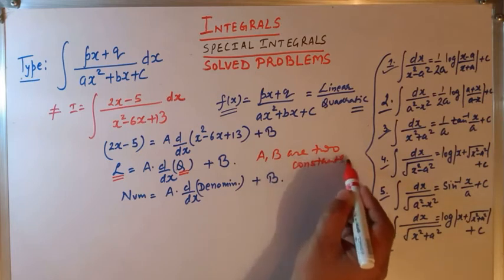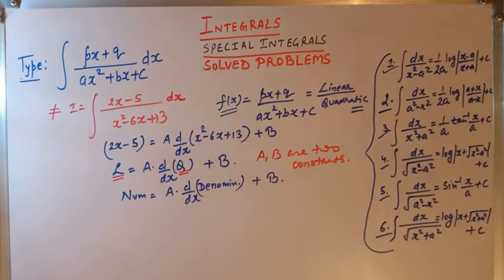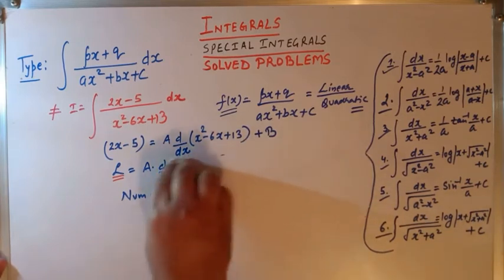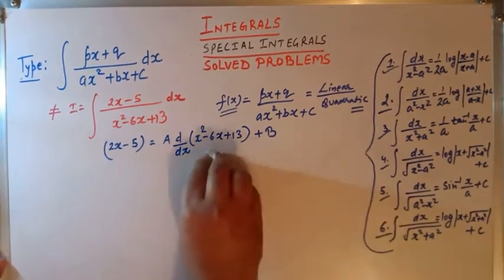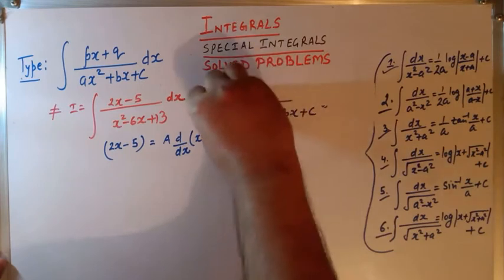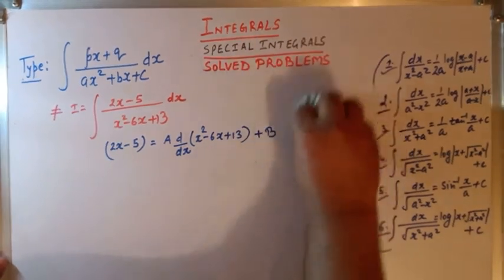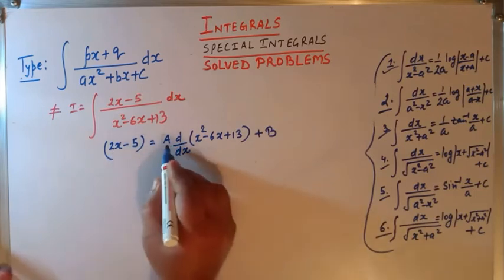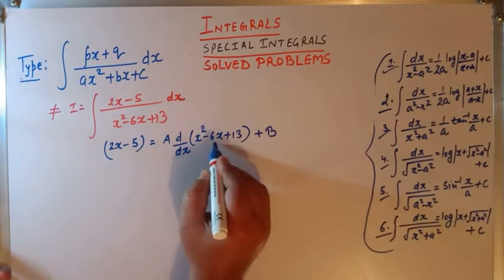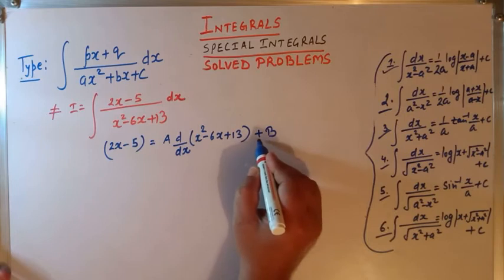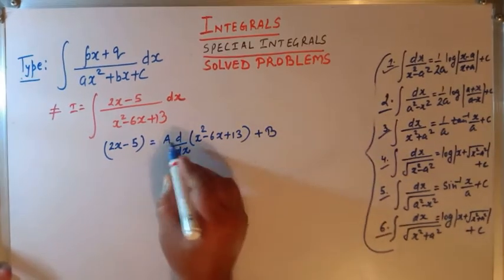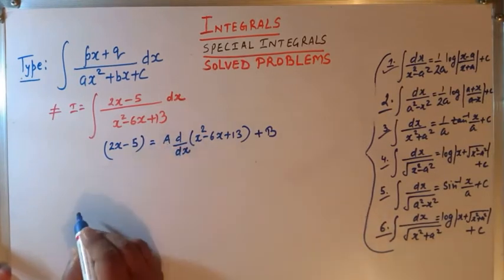Clear? Okay, so let us solve this expression, and here we have 2x minus 5 is equal to a times the derivative of x square minus 6x plus 13, plus b, and our aim is to find these two constants. Clear?